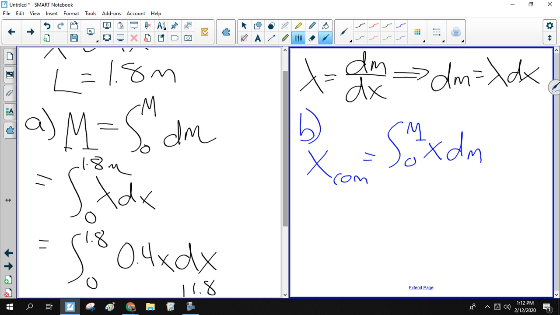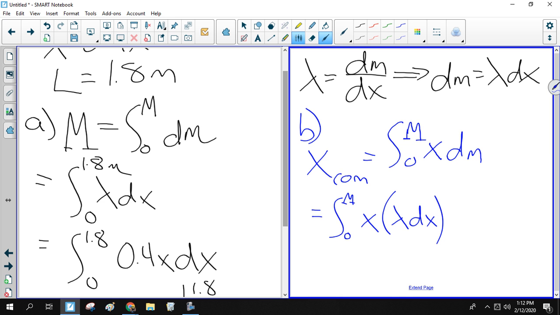Oops, I forgot to put my feet on my M. Good? So it's the exact same thing now. In the same way as before, I'm going to replace dm with lambda dx. So this is the integral from 0 to capital M of x times dm, which is lambda dx.